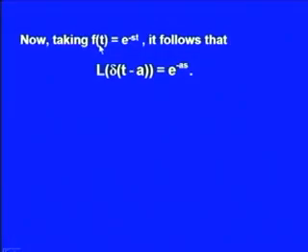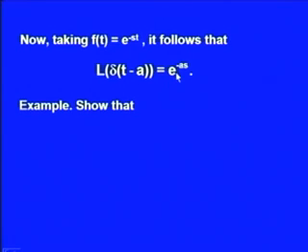Now, let us take a particular case, let us assume f(t) to be equal to e to the power minus s t. Then it follows that L of delta (t minus a) is equal to e to the power minus a s. So, if you take f(t) equal to e to the power minus s t in the integral, then the Laplace transform of delta (t minus a) will be the integral 0 to infinity e to the power minus s t into delta (t minus a) dt.